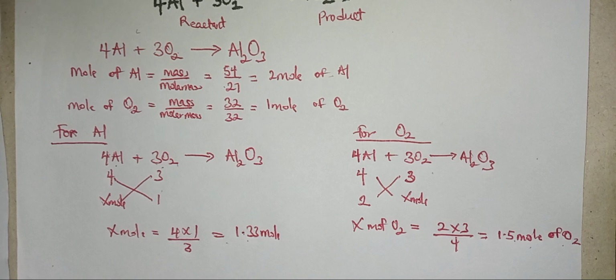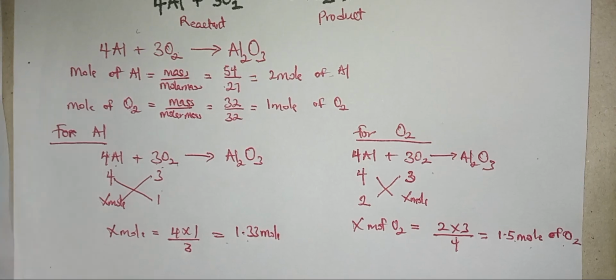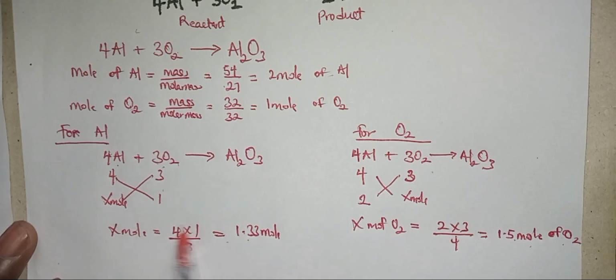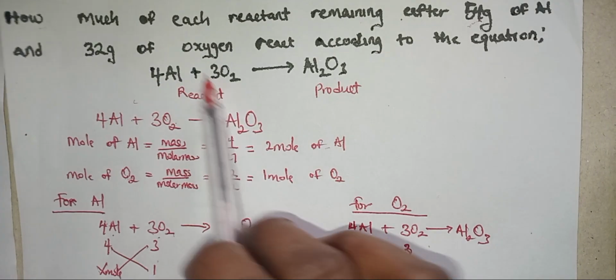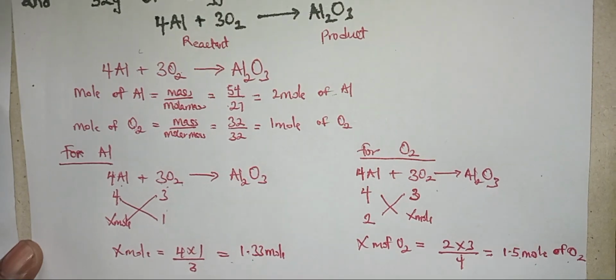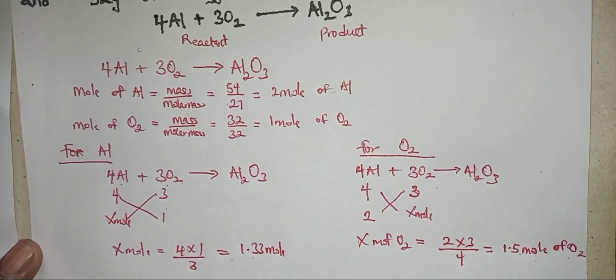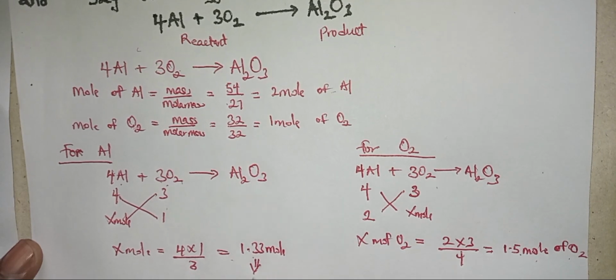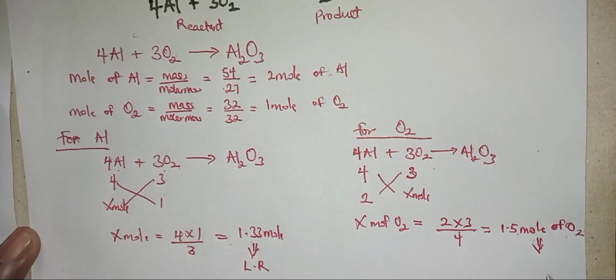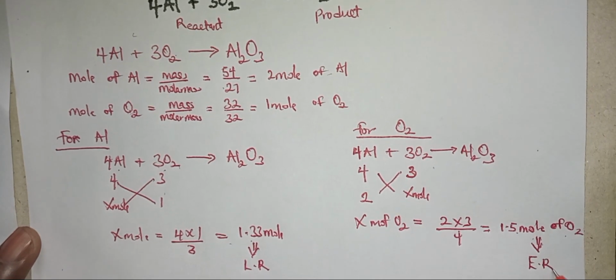Because the mole of aluminium is 1.33, while the mole of oxygen is 1.5, aluminium will be our limiting reagent, while the oxygen will be our excess reagent.